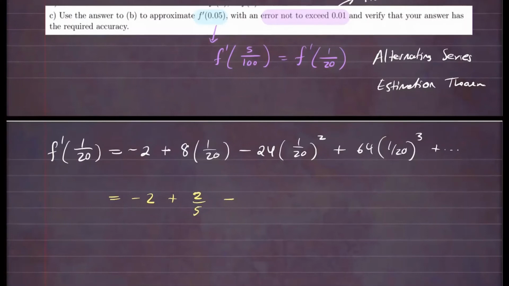And then 24 times 1 over 20 squared is simply 24 over 400, which can be simplified into 6 over 100. And then the last one, I'm just going to keep it as 64 times 1 over 20 cubed. So that's about 8,000. All right, and just keep on going. So I'm going to see which one of these will be less than 0.01.